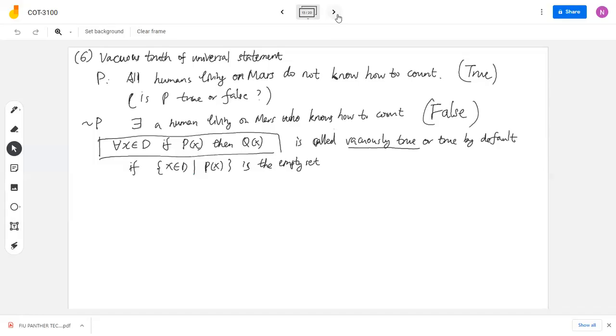Okay. So the next topic we are going to discuss is variants of the universal conditional statement.